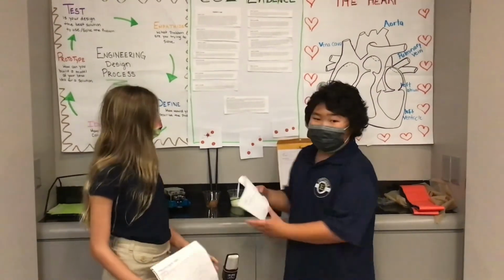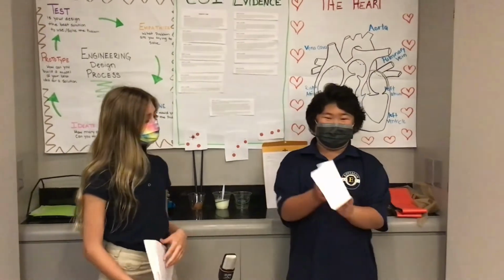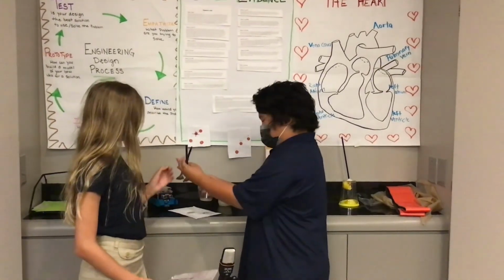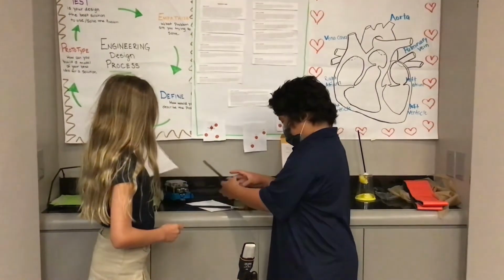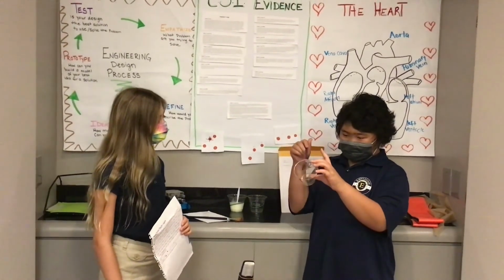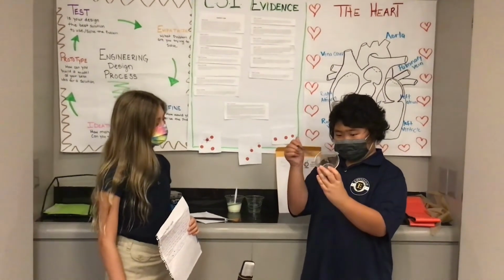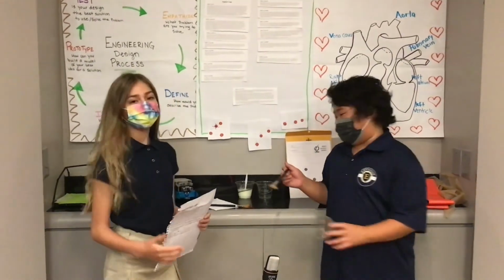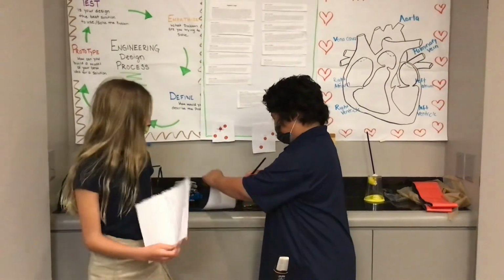So here we have a fingerprint found at the crime scene and an overturned cup. And we use these dusters. And then we found out who the suspect was due to the fingerprints here.